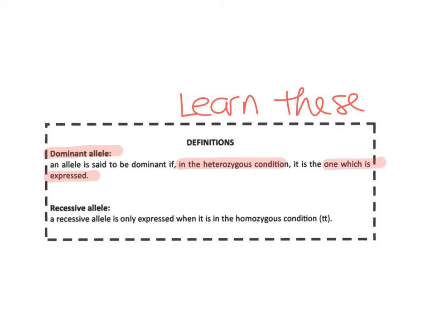So in other words, if you've got big T, little t, the dominant one is the one that is expressed, which in this case is the big T. A recessive allele is only expressed when it's in the homozygous condition. In other words, little t, little t. So you really must learn those.